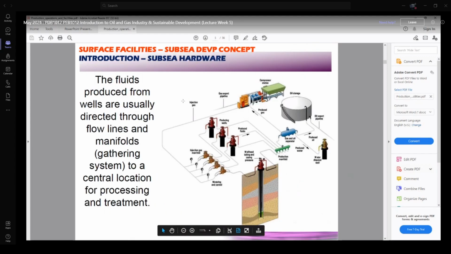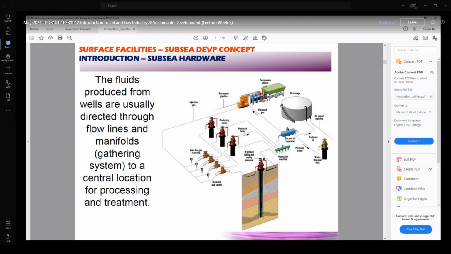Okay, so here you can see from this diagram, we collect the fluid from the well, which is called the produced fluid, right? Usually we direct it with the help of pipelines to the manifold, where we gather the production from all the wells.